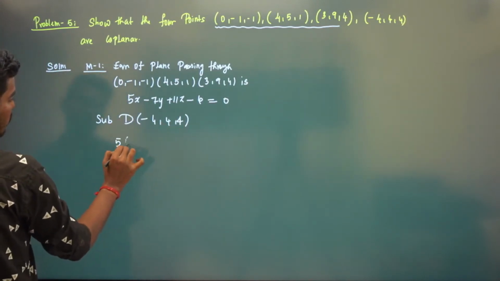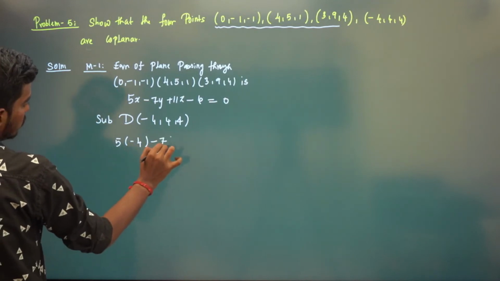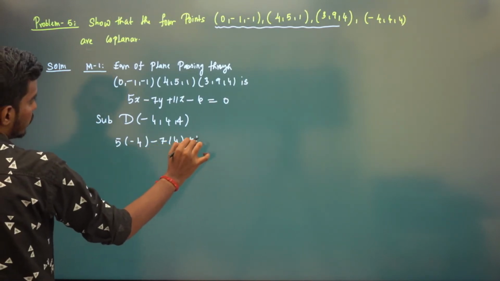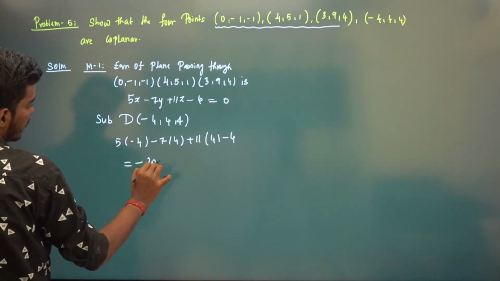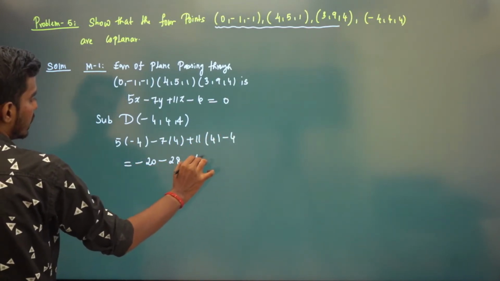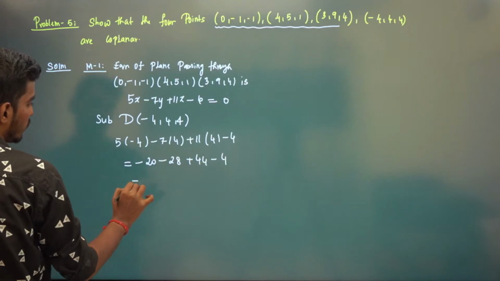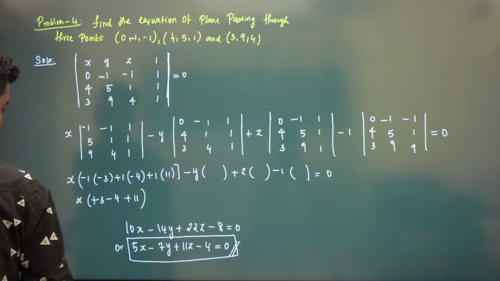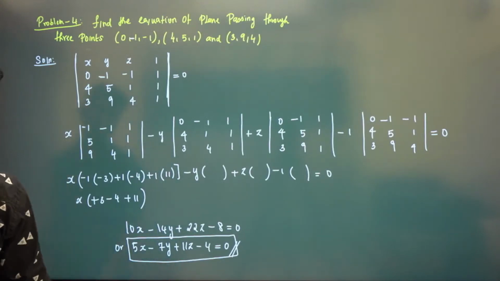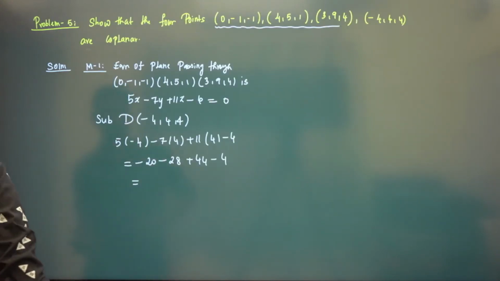What will happen? 5 into minus 4, minus 20, minus 7 into 4, minus 28, plus 11 into 4, 44, minus 4.